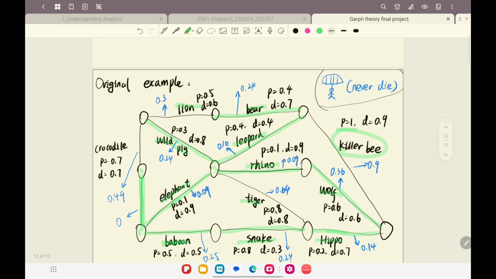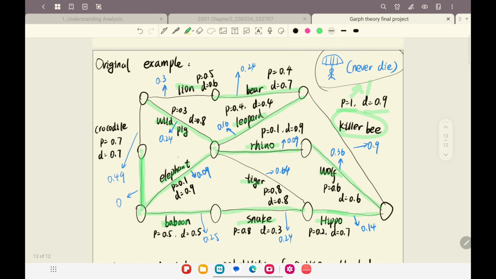The probability should be 1, definitely 100%, and the damage is devastating. Also the elephant normally will not attack people, but if it sometimes gets crazy, or if you make it angry, its damage is definitely also devastating.